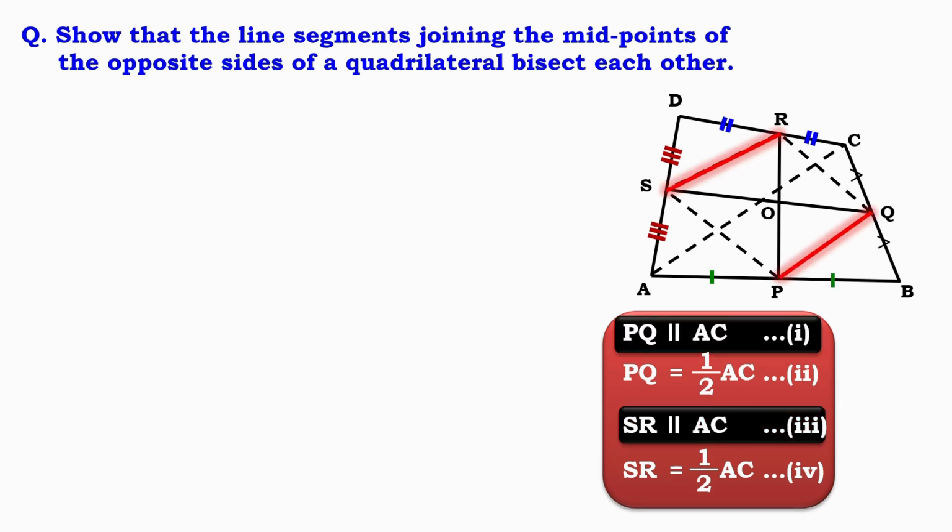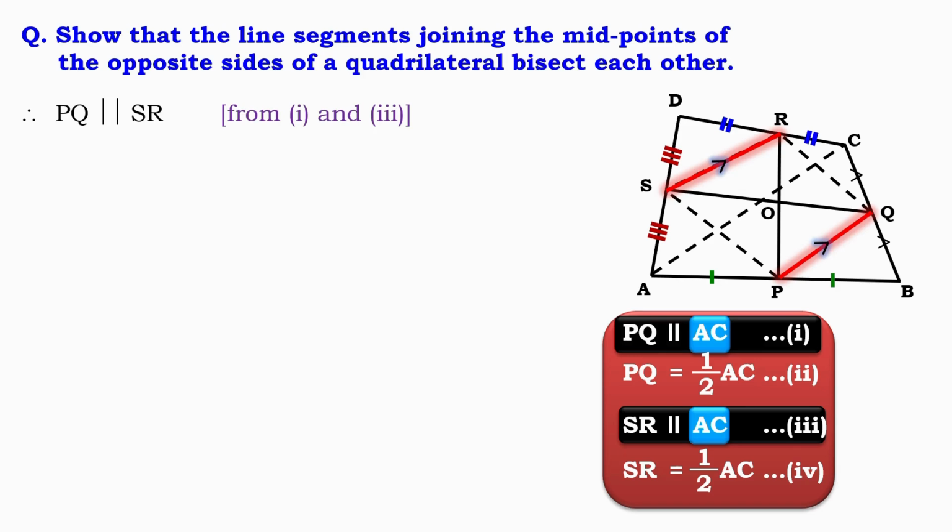Okay. Now let's take equation number 1 and 3. So PQ is parallel to AC and SR is parallel to AC. Since AC is common over here, we can clearly say that PQ is parallel to SR, because if two lines are parallel to a particular line, then these two lines will be parallel to each other, right?